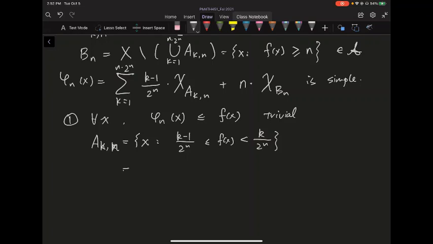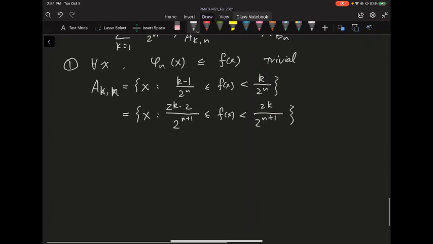So how do I see that? Well, I can raise the power of n by 1. If I raise it by 1, I'm basically multiplying 2 on both top and bottom. So this should be 2k minus 2 and 2k. Okay, so this is essentially what this set is.